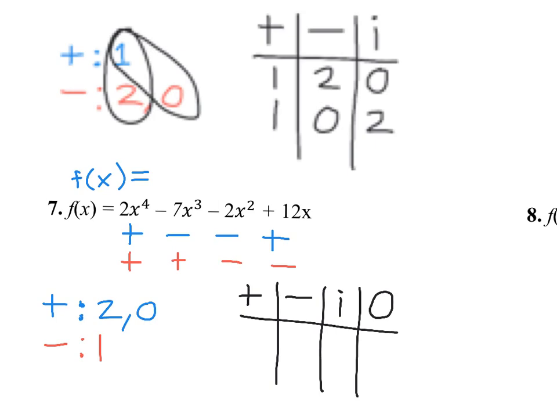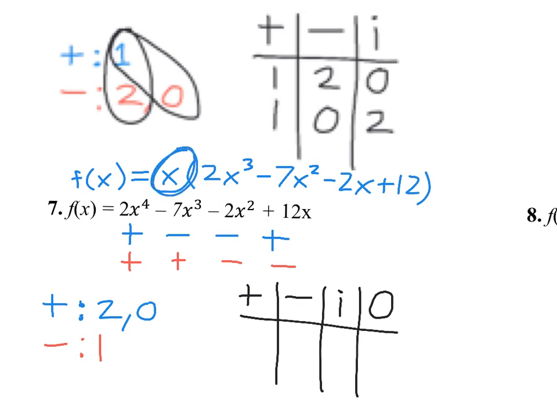So looking at the original problem, x goes into every single term. So if we take out an x, we can see that 0 would be a root of this polynomial. So we know that there is one root that is 0.